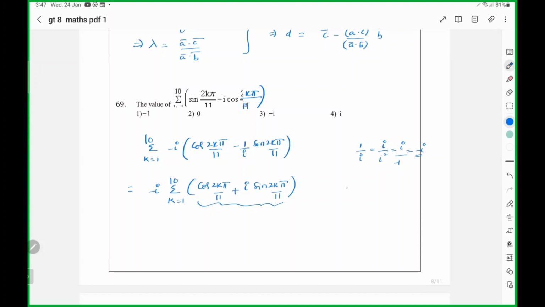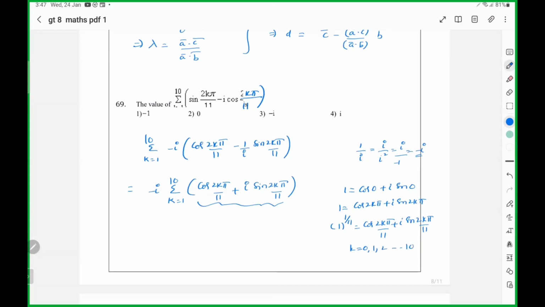11th roots of unity. Suppose you take 1 as cos 0 plus i sin 0, which I can write as 1 power 1 by 11, cos 2k pi by 11 plus i sin 2k pi by 11, k equal to 0, 1 and so on to 10.